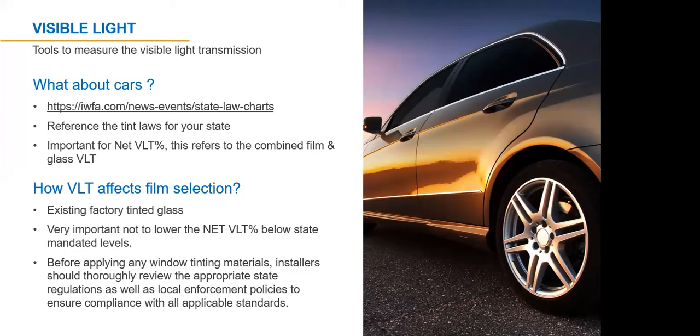You can use your VLT meter to determine how dark you can tint each car legally. If cars and trucks have factory tinted glass, you will be reducing an already reduced light transmission. So for example, using a 35% VLT film will not net 35% VLT if the glass is already tinted.